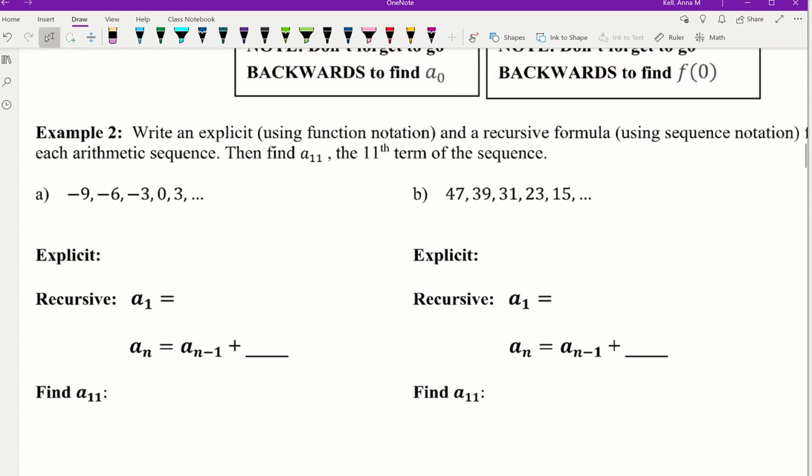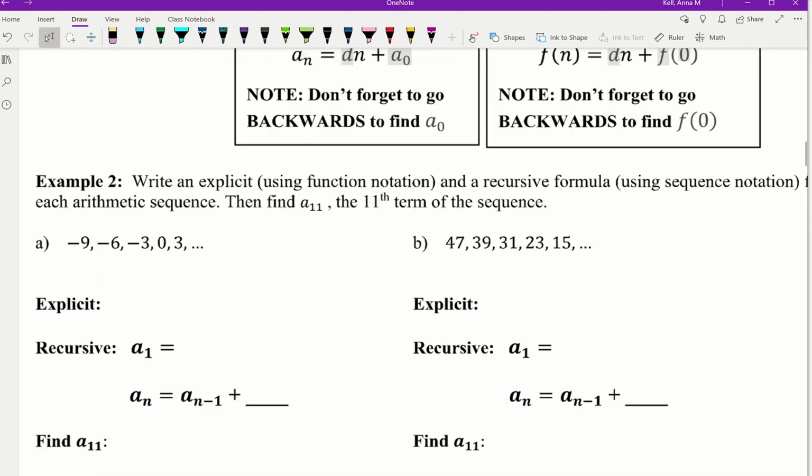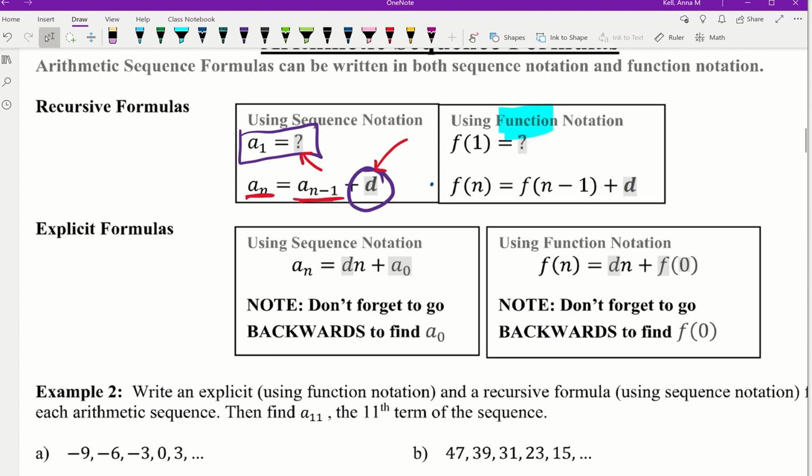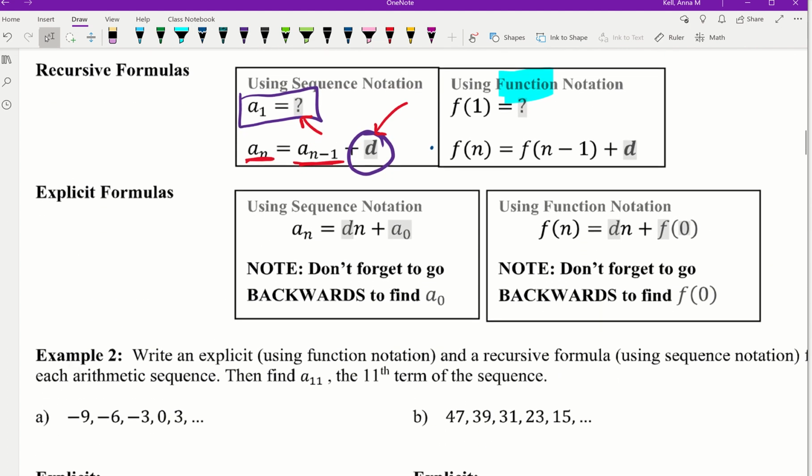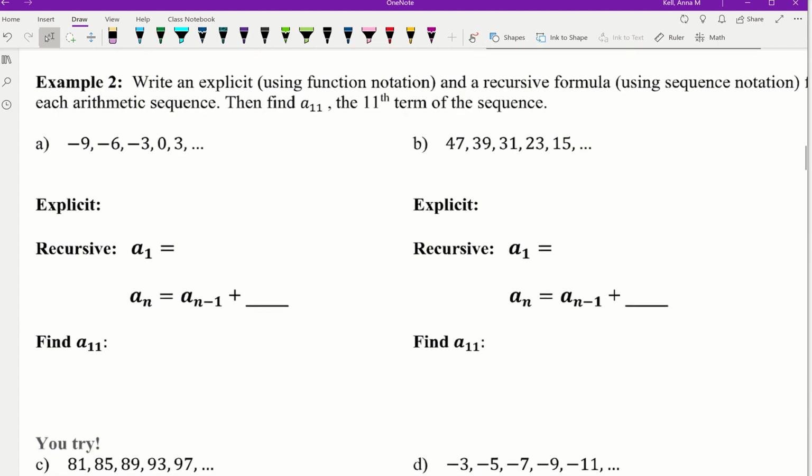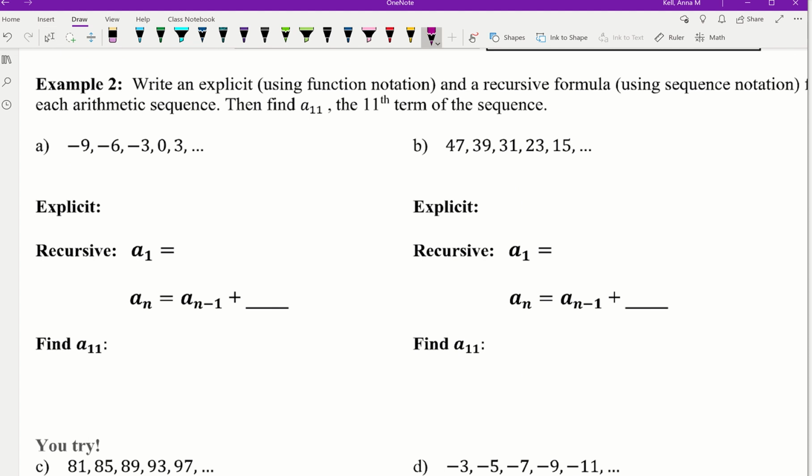Okay, so let's go ahead and look here. Let's start by looking at what our pattern is here, okay? So from -9 to -6, it looks like I'm adding 3, adding 3, adding 3. So it looks to me like my common difference, my D, is 3, okay?